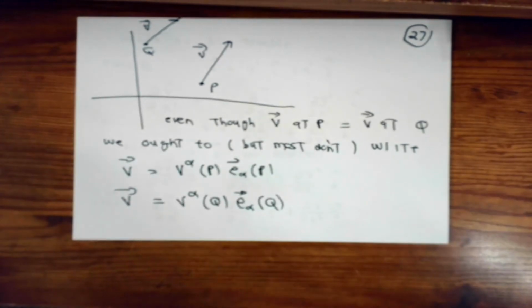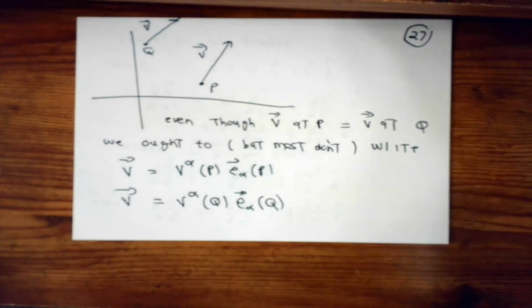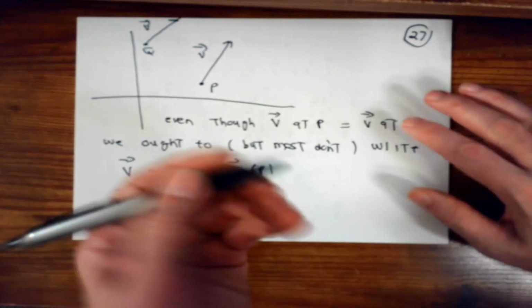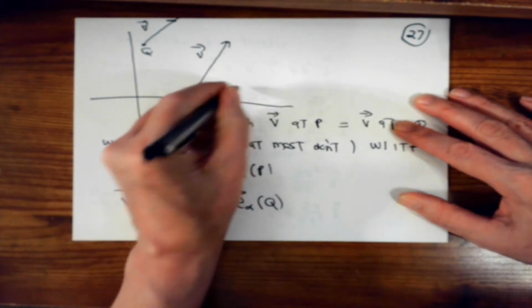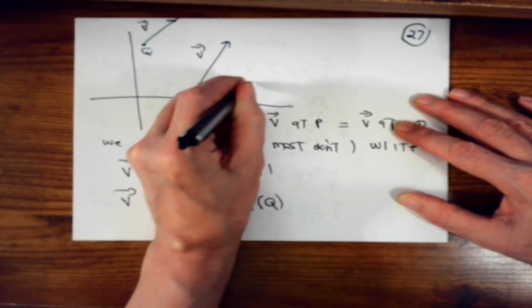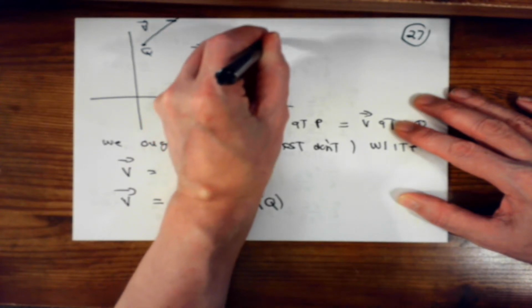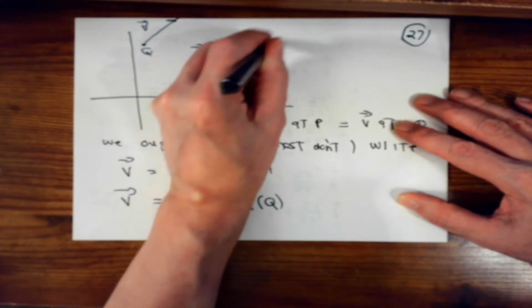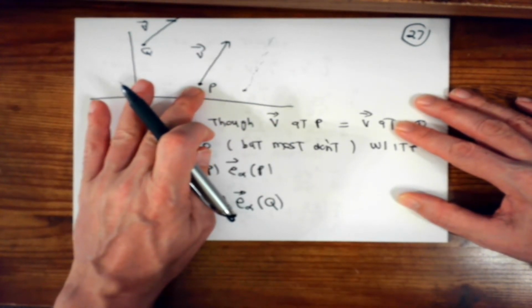Now, of course, the reason that people usually don't do this at this stage of the game is we're in a flat Euclidean plane. If you give me another point, any point, there is a straight line that passes through that point that's parallel to, say, this vector.